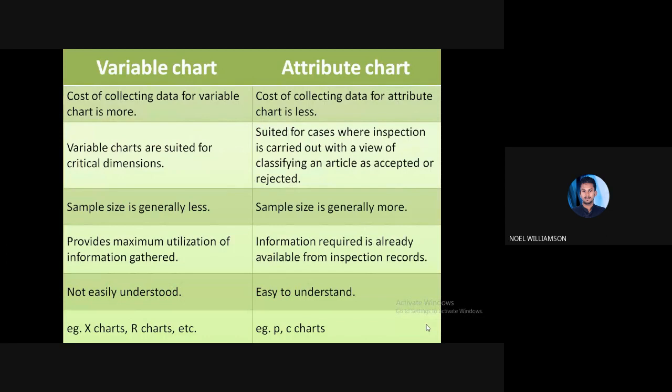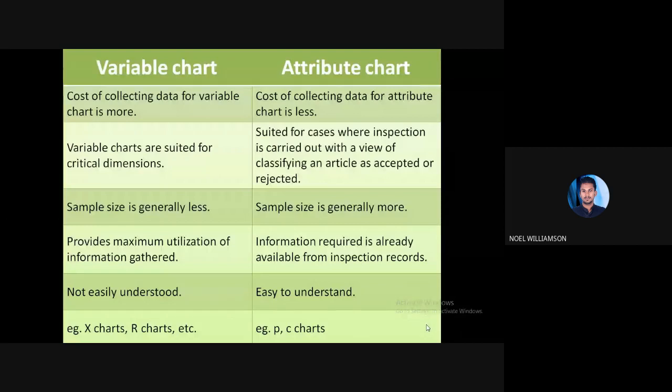So this is the comparison of the variable chart and attribute chart. We have seen the process control charts are of two types, variable chart and attribute chart. First of all, the cost of collecting data for the variable chart is more. Regarding the cost, data collection will be costly compared to attribute chart.